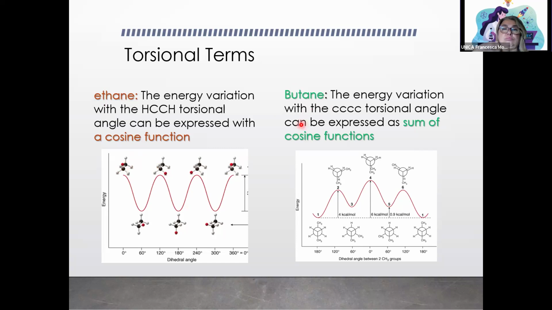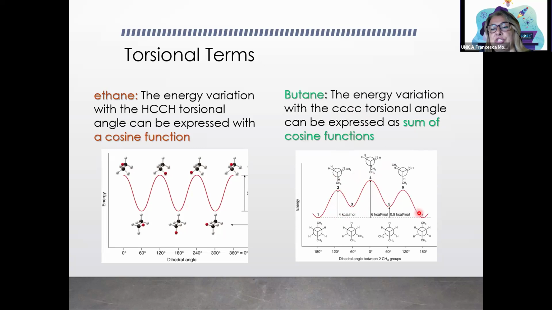When we go to a still simple molecule, if compared to the biomolecule that is the subject of this school, which is DNA, going from a simple molecule like ethane to another simple molecule like butane, the energy variation with the torsional angle carbon, carbon, carbon, carbon, in butane there are 4 carbon atoms, can be expressed with a sum of cosine functions.